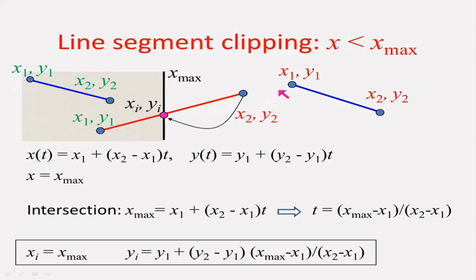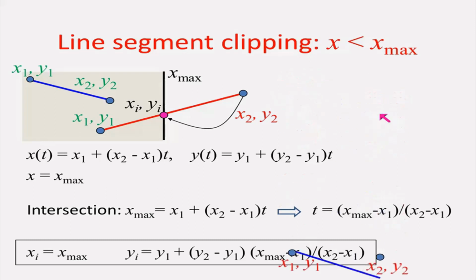If both endpoints are outside, then the line segment is completely outside, since the outer region, which is also a half plane, is also convex. If one endpoint is inside while the other endpoint is outside, then the intersection between the clipping line and the line segment needs to be calculated, and the point that is outside is replaced by this intersection.